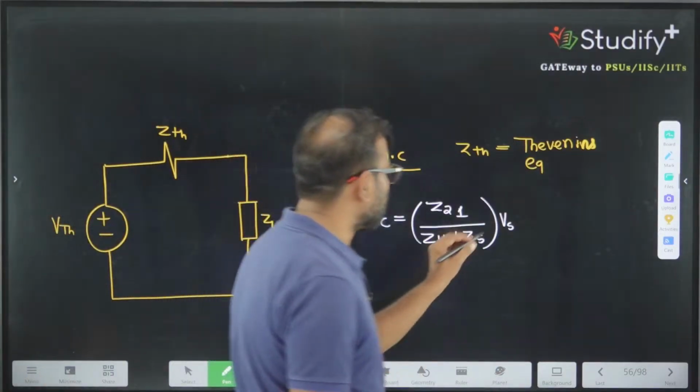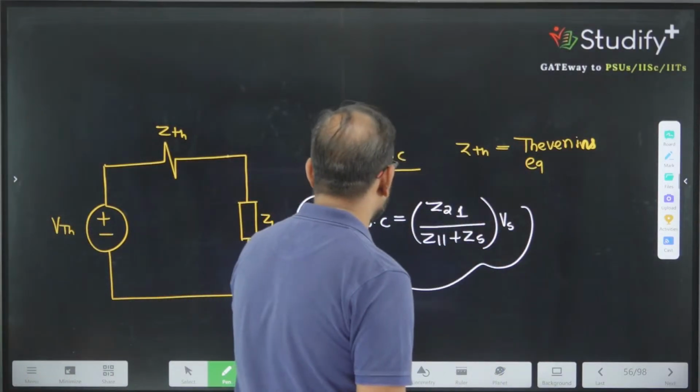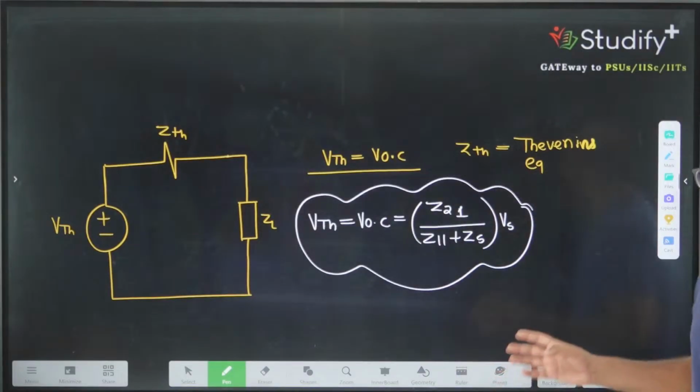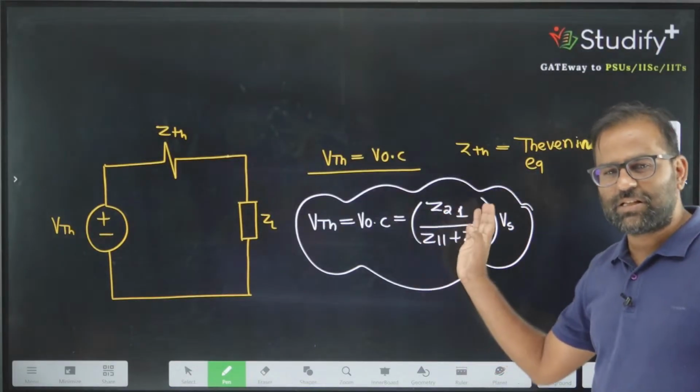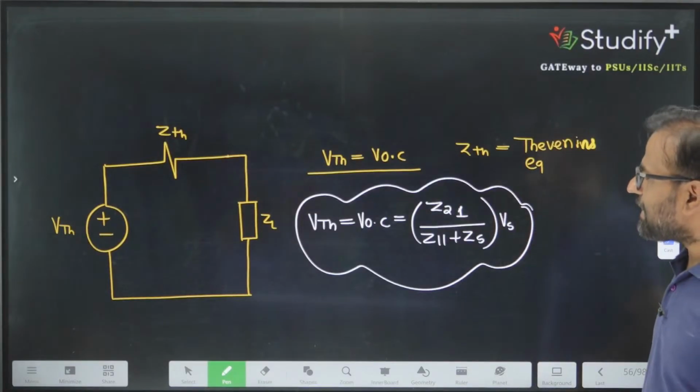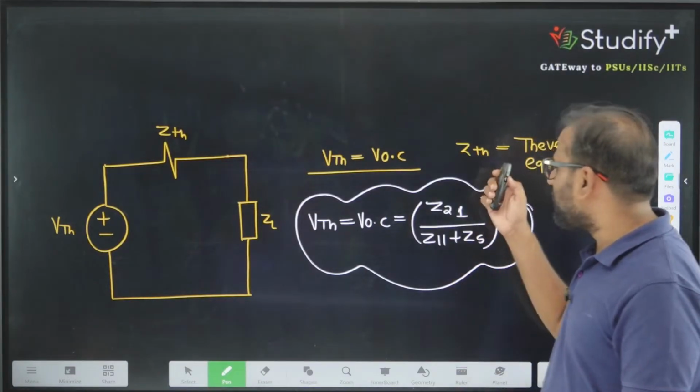So this represents Thevenin's equivalent voltage, if you want to convert this two-port network with additional supply into a Thevenin's equivalent. Correct? Now we are interested in calculation of ZTH.